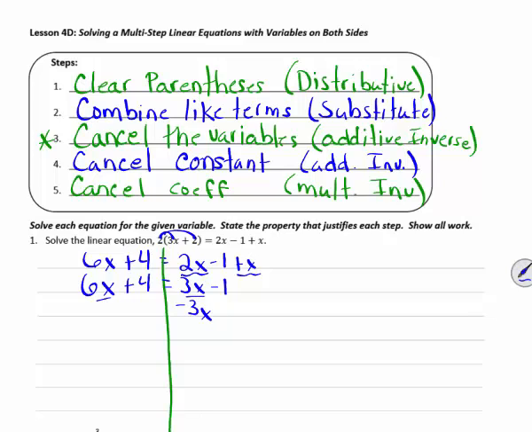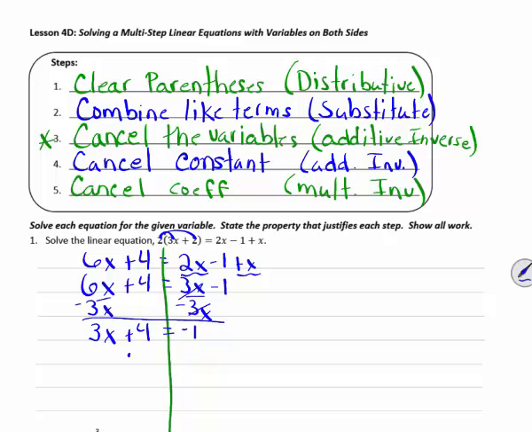I have to line this up with its like term. So I have to put that over there under the 6x. So 6x minus 3x is 3x. Copy down plus 4. 3x minus 3x, these have canceled. Okay, and then we're going to get minus 1. Now we're going to cancel. Now it looks like problems we've been working on for a while here.